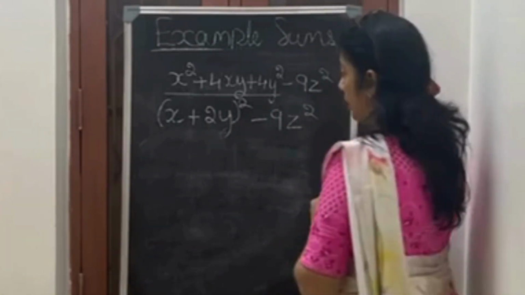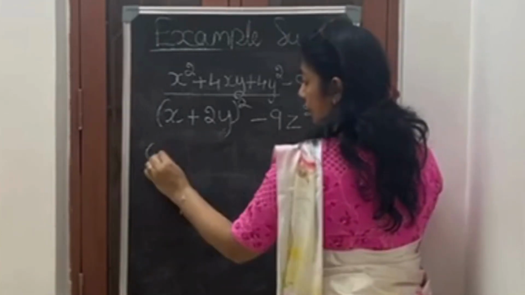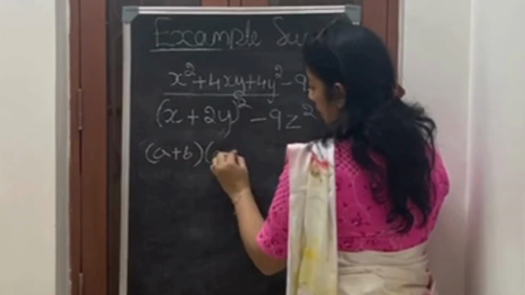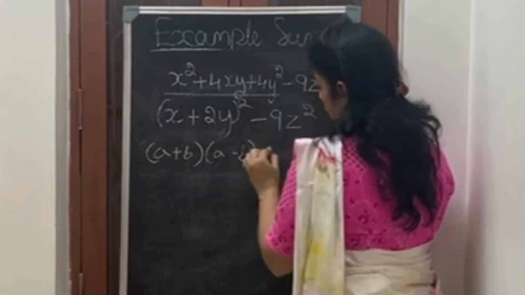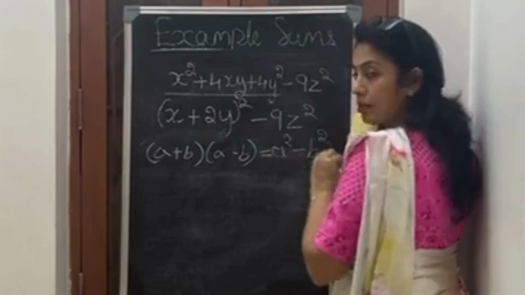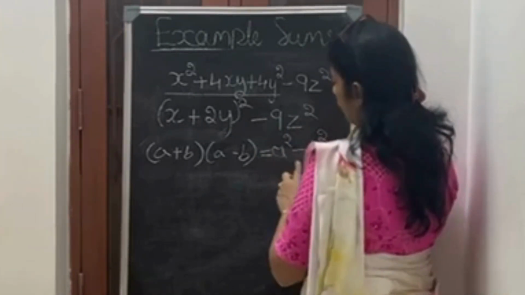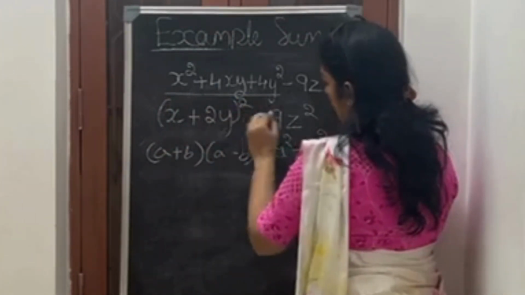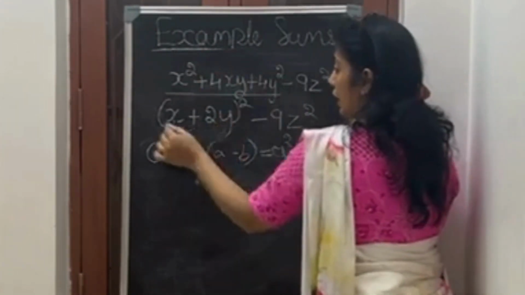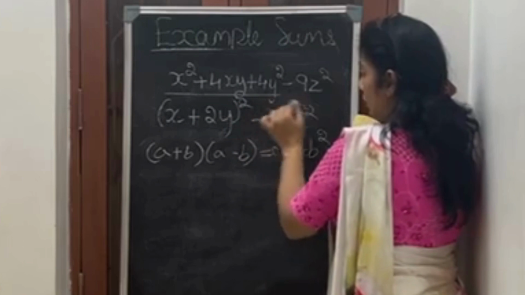So it's actually a plus b into a minus b equals to a squared minus b squared. Correct? So now this is a squared, this is b squared. First I solved this, I got this. Then I have to solve this.